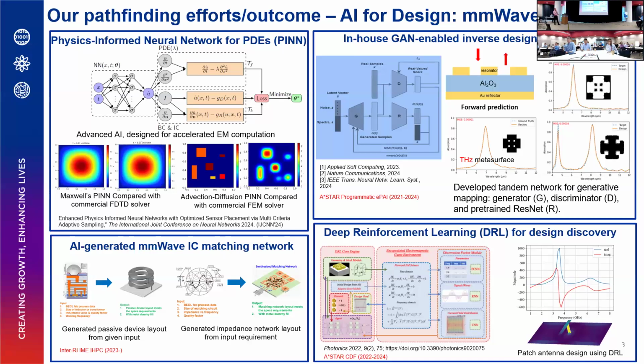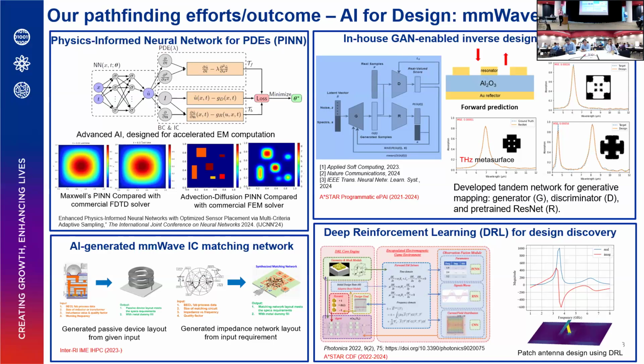Now, in the area of millimeter wave, we have some work that has generated passive device layout from a given input. For example, we have a particular input that we would like to achieve. How do we go through the components and then generate something that can mimic what we require? This is something that we have done, and also in the area of impedance networks.